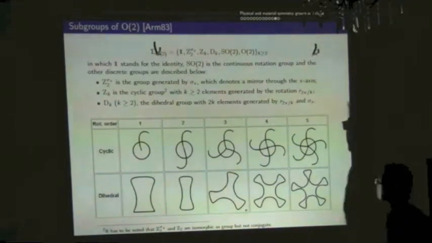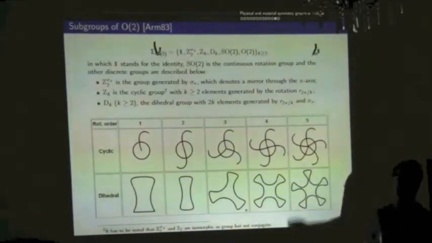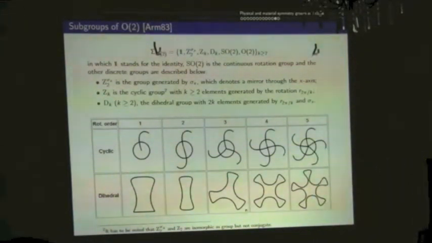What can be your subgroup? Okay, one, the identity. It's the trivial subgroup. You just have one element. It's the identity element. Nothing happens. After, you got Z_K and D_K. The others can be constructed from those 2 K's.